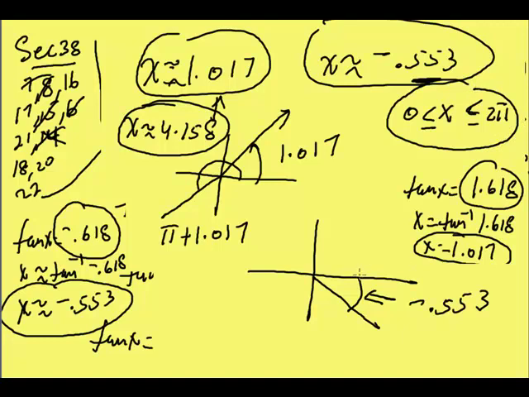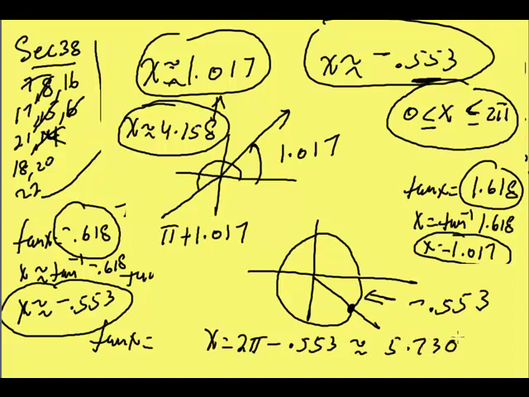So I have to go around this direction to find this same angle. So how do I find that? x is equal to 2 pi minus 0.553. Tell me what that is. 5.730.